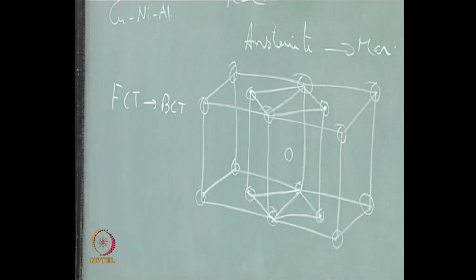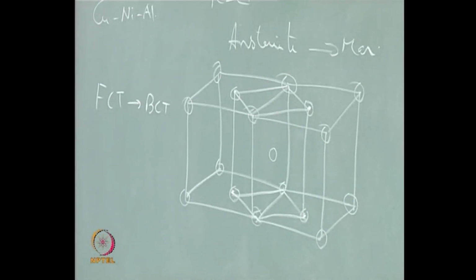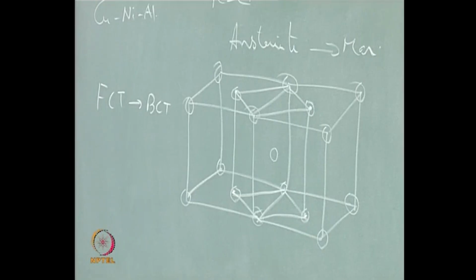In fact, you might have learnt that cubic is a equal to b equal to c, alpha equal to beta equal to gamma equal to 90 degrees. That is a very primitive way of learning, I would say. The best way to know crystal systems is to know the symmetry of it.